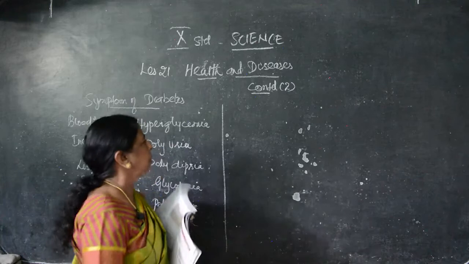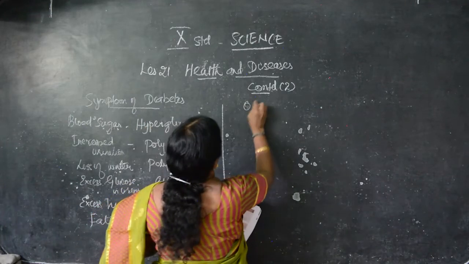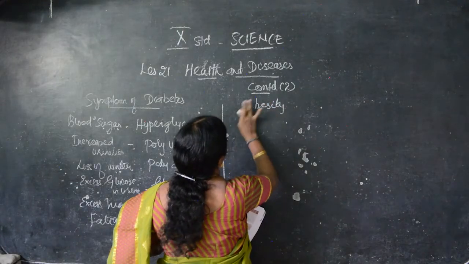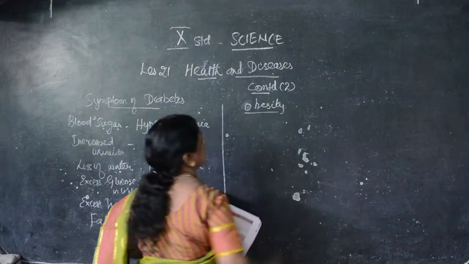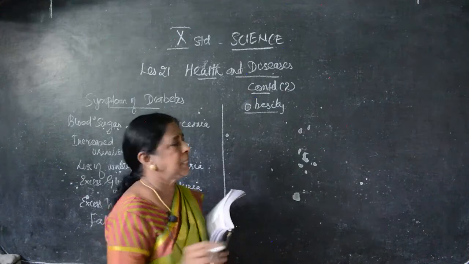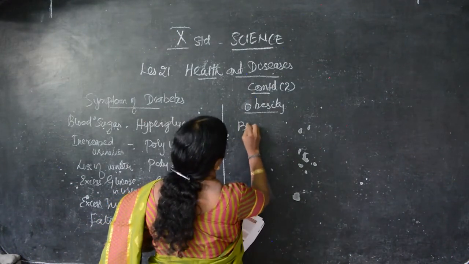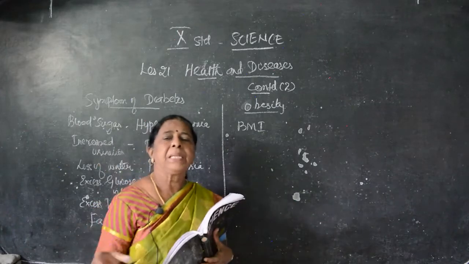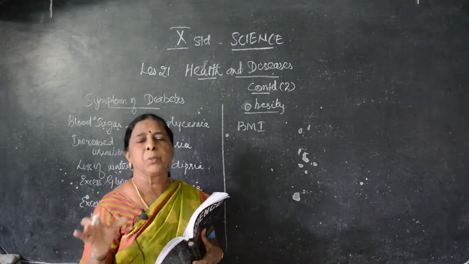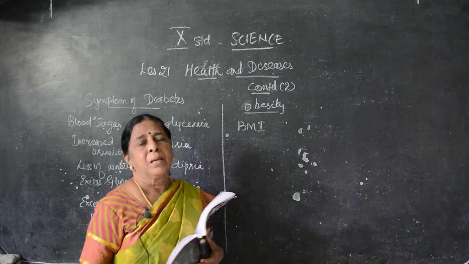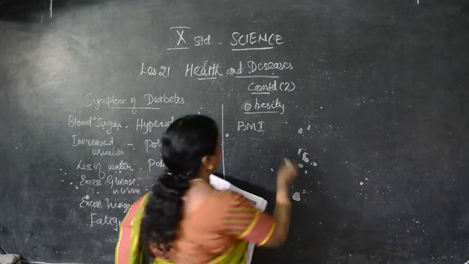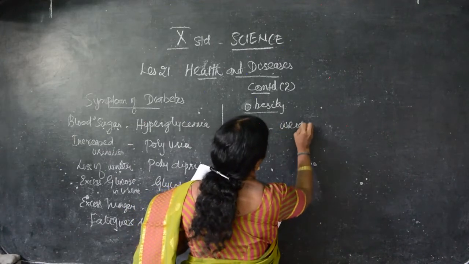Next we have obesity, which is excess weight. The particular measure is the body mass index, BMI. Your height and weight both should be used in the calculation.